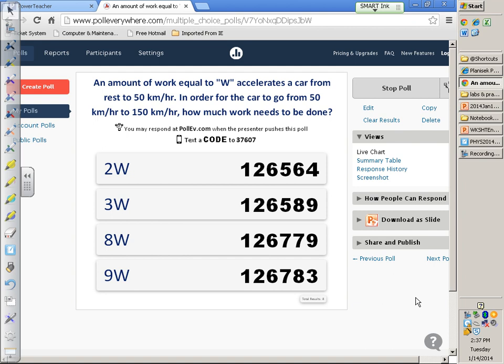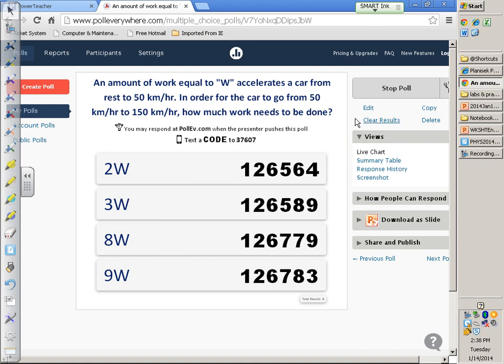Do you have to pay for it? No, I have a free account. If I paid for it, I could get more responses per poll, and I also could track answers, so I could find out which one of you is sending what answer and grade it basically.